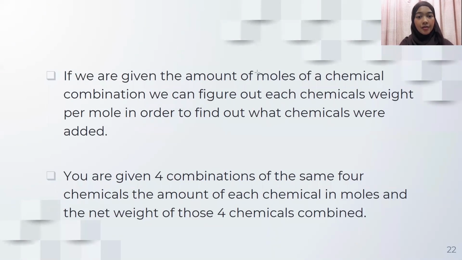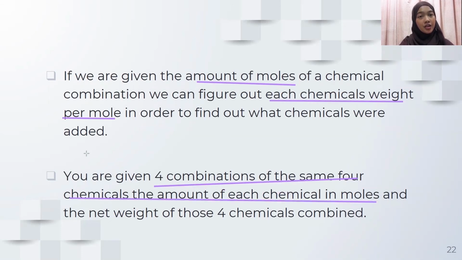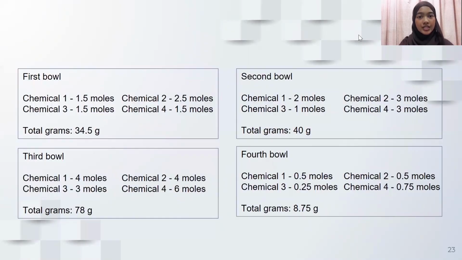If we are given the amount of moles of a chemical combination, we can figure out each chemical's weight per mole in order to find out what chemicals were added. So, in the next slide, we are given 4 combinations of the same 4 chemicals, the amount of each chemical in moles, and the net weight of those 4 chemicals combined. As you can see below, we have 4 bowls of 4 chemicals combined with their weight.